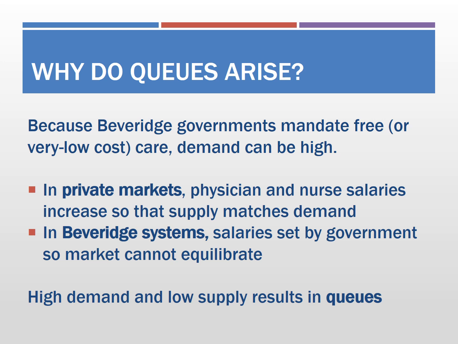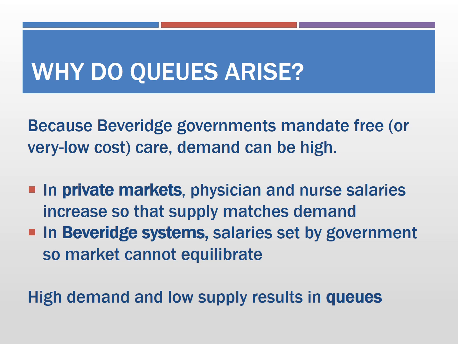First of all, we would like to understand why the queue exists. Because the Beveridge government mandates free care to the public, it's very easy for moral hazard behavior to increase the demand for healthcare services in the markets.